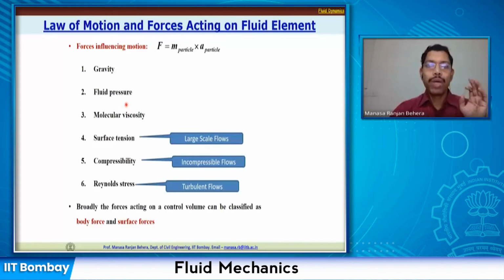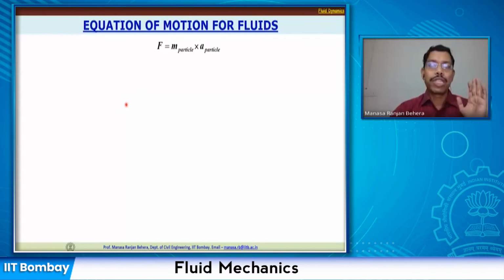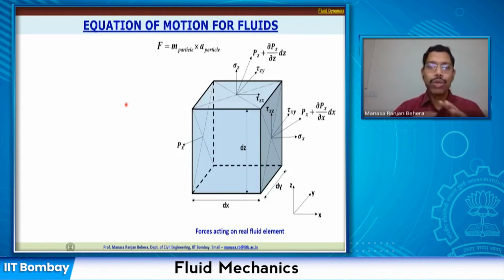Now let us look at these forces. Let us take a fluid element first. Let us consider a fluid element which has dimensions dx, dy and dz. This fluid element is going to have all these forces acting on it.